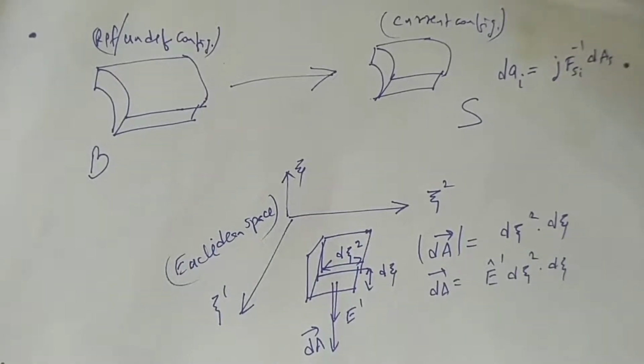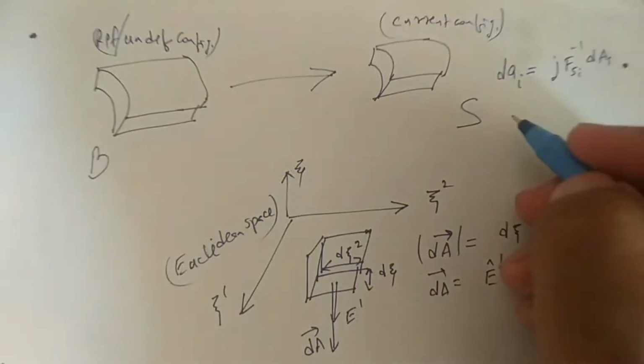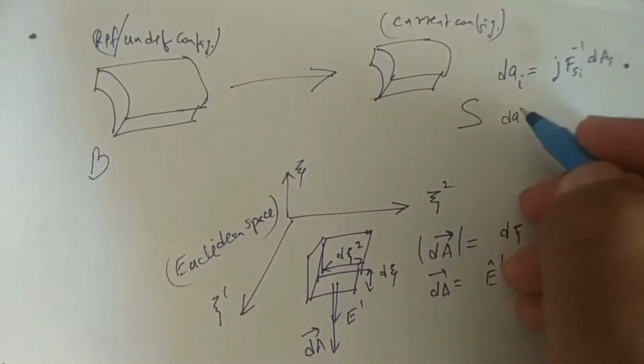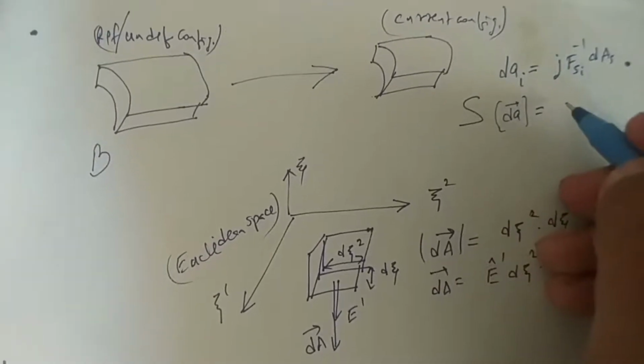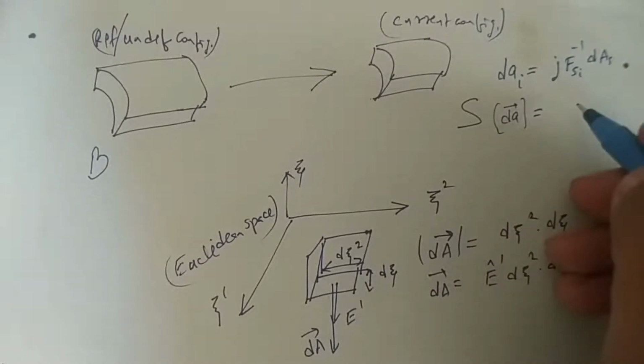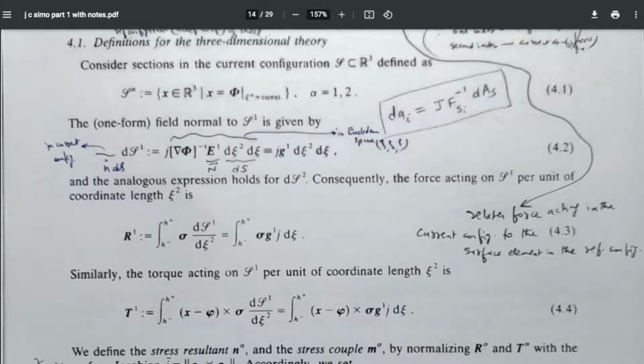So what we can write is the da vector components in matrix form is equal to what they are calling here d zeta 1 on the left hand side. I'll just try to write that symbol like this.